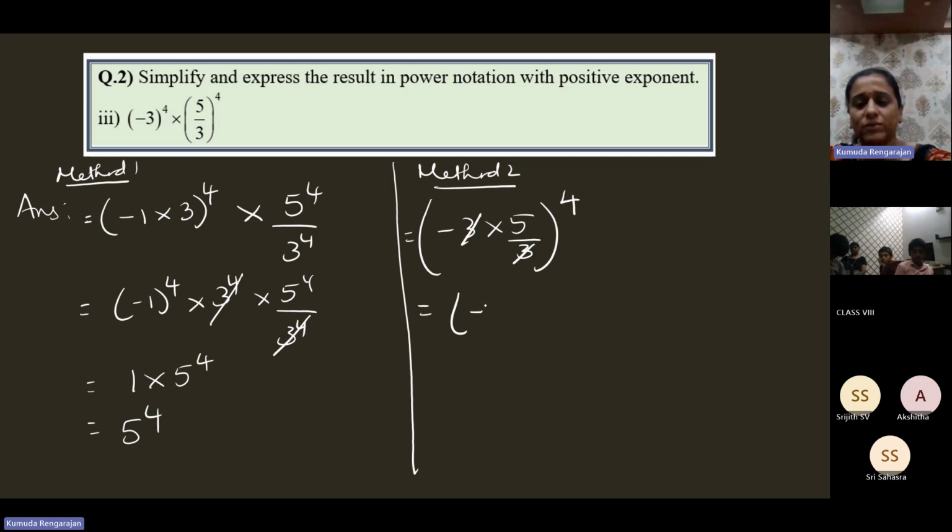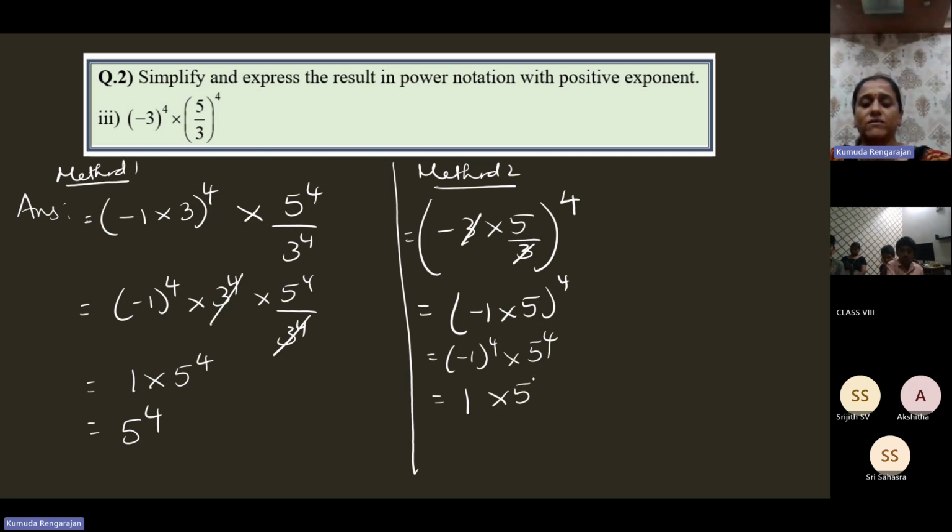Minus 5 can be written as minus 1 into 5 to the power 4, which is minus 1 to the power 4 into 5 to the power 4. Minus 1 to the power 4 is 1 because minus happens an even number of times. So it is plus into 5 to the power 4. Since we need to leave the answer in the exponential form, we don't find the value of 5 to the power 4. We just leave it like this.